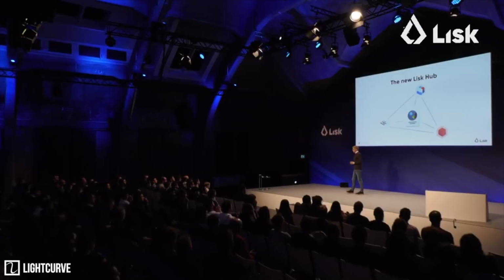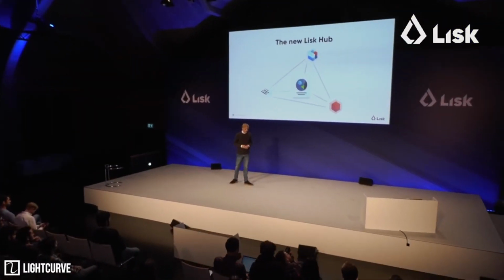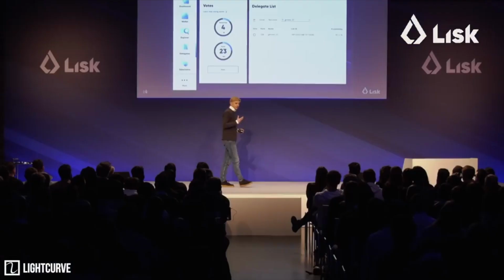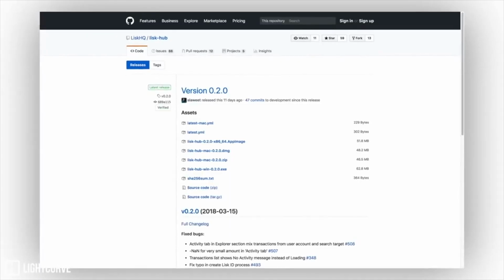I'm a part of the front-end team in Lisk, and I mainly work on Lisk Explorer and Lisk Hub. By the relaunch event, we introduced Lisk Hub as a new version of Lisk Nano. By then it was a web version, a web wallet, and then in March we introduced a Lisk Hub application.